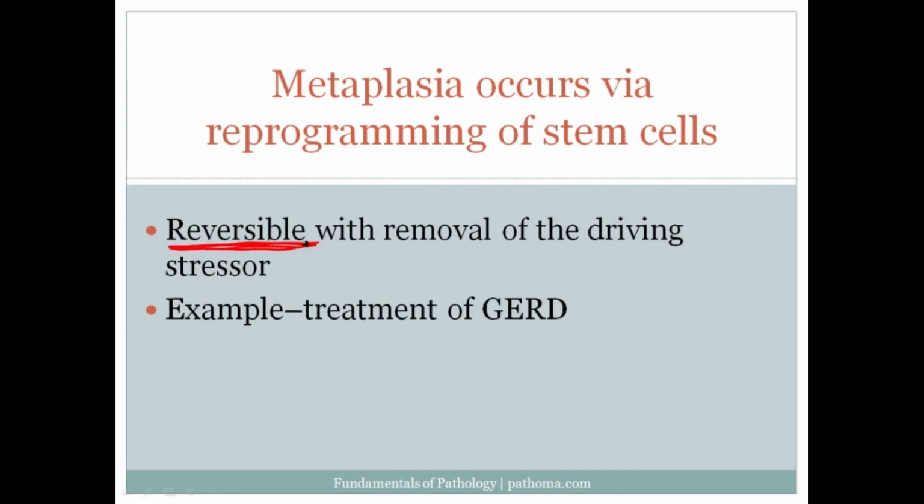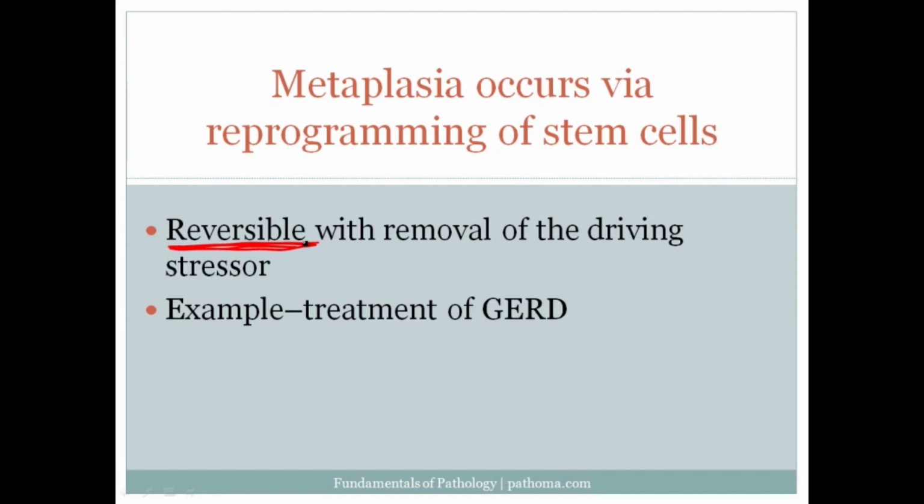If you remove the driving stress, the key stress that led to the metaplasia, that will result in reversal of the metaplasia. Let's take a very simple example. If we've got gastroesophageal reflux disease and acid shooting up into the lower third of the esophagus, that's going to result in a columnar, non-ciliated, mucinous metaplasia.